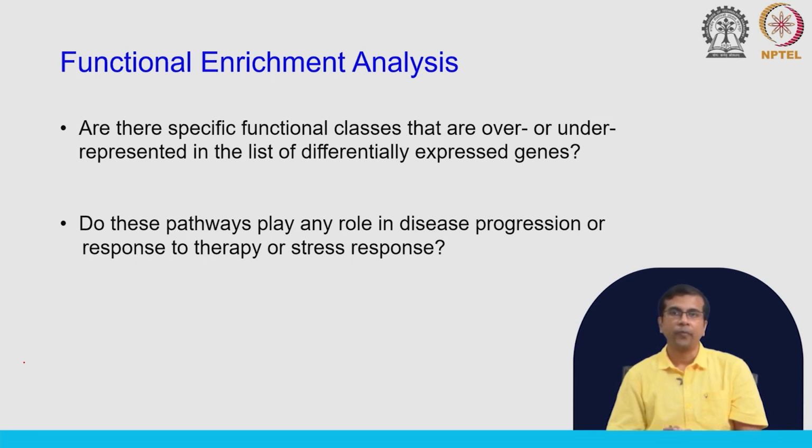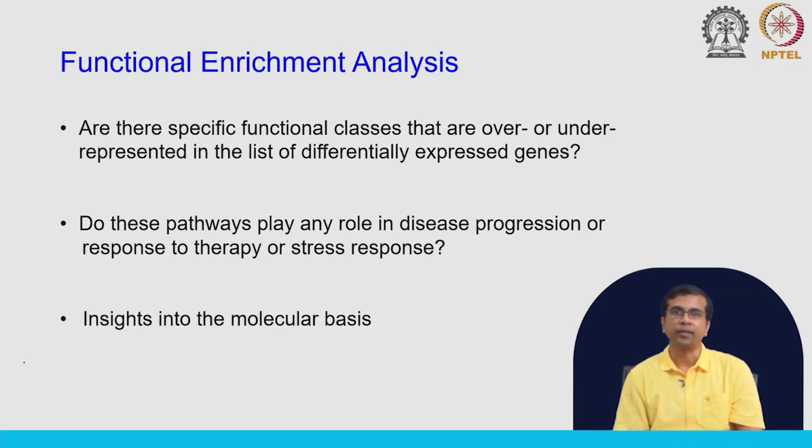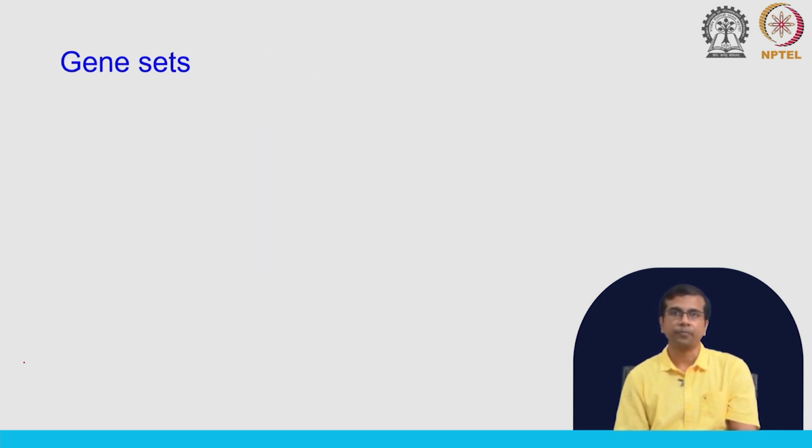If we are analyzing stress response studies, where we expose cells to different conditions, condition 1 versus condition 2 and so on, we want to know which pathways are helping in stress adaptation in cells or in organisms. These are the ultimate goals of the analysis, and this gives us more insights into the biological process and helps us understand the molecular basis.